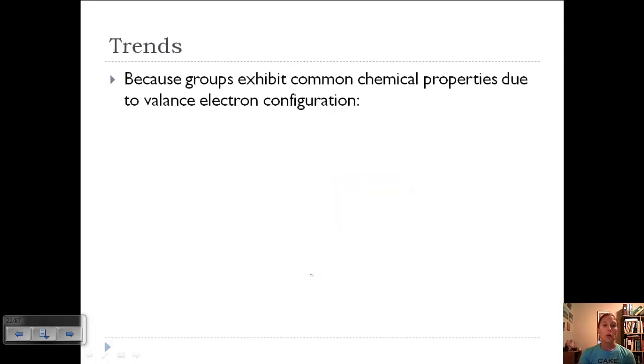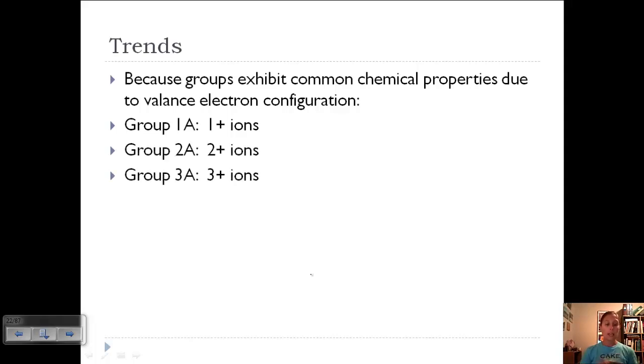We know that groups exhibit common chemical properties because of their valence electron configuration. All elements in a group have the same valence electron configuration, so we can use that to help us figure out the ion charges. All of group 1A is going to have a 1+ ion. All of group 2A is a 2+ ion. Group 3A, skipping over the transition metals and going to aluminum's group, they're going to be 3+ ions. Group 6A is the 2- ions.